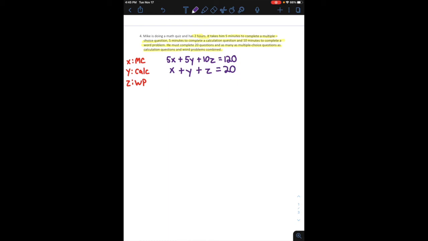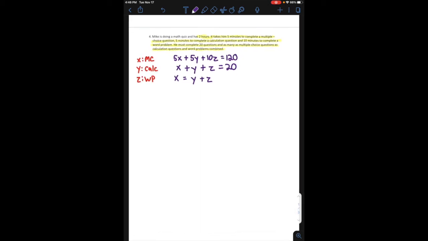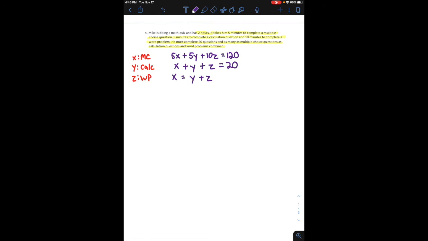And as many multiple choice questions, which is x, as calculation questions and word problems combined. So the multiple choice questions would be the same amount as the calculation questions, or y, plus the word problems, or z. Now that I have our 3 equations, I'm going to convert the third equation so that the y and the z are all on the left side by subtracting.